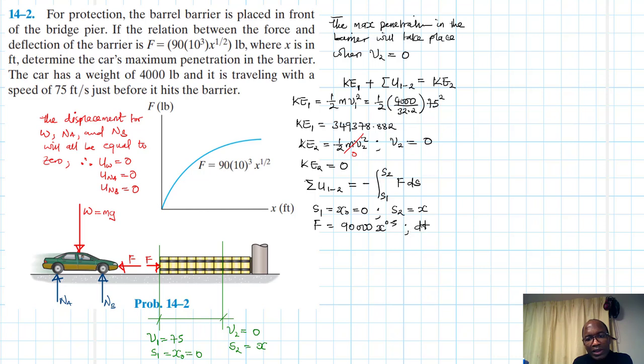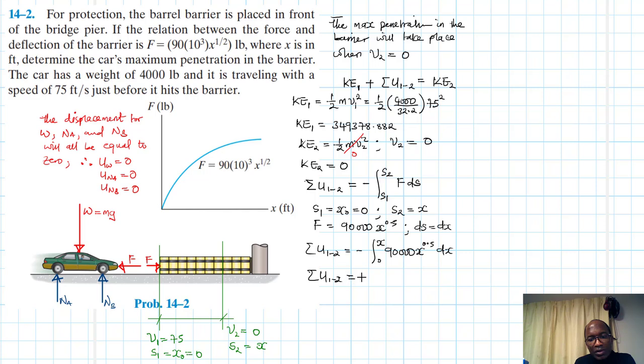And since we'll be integrating with respect to x, this becomes our ds. Therefore, the total work is just equal to minus the integral from 0 to x of 90,000 x to the power 0.5 dx.